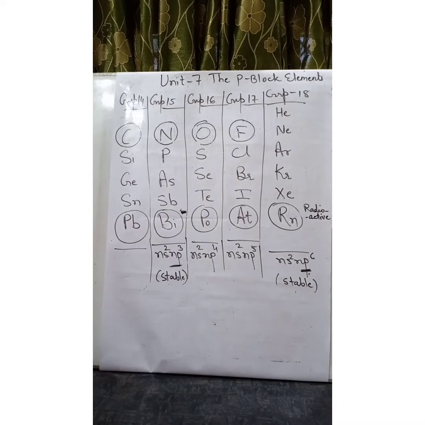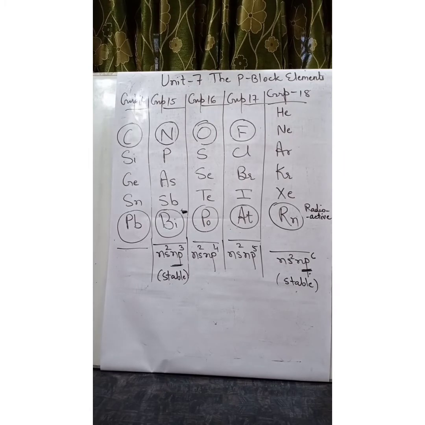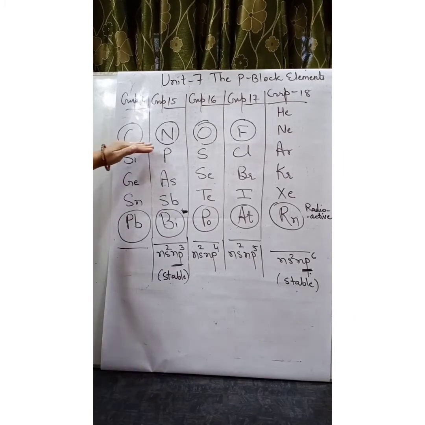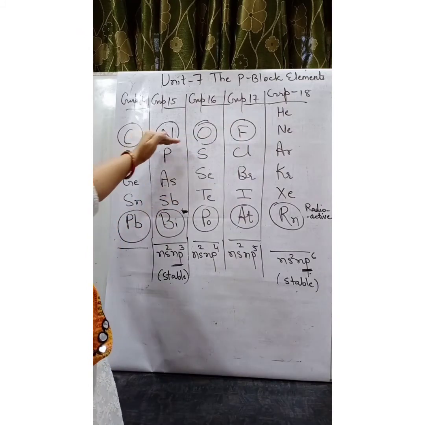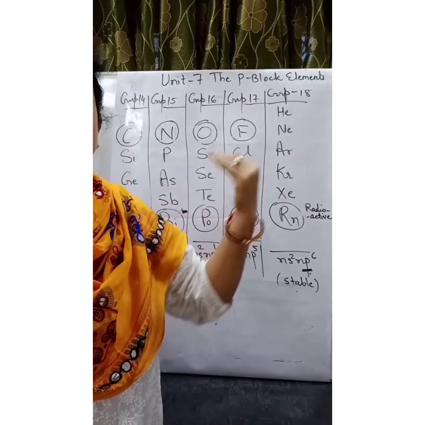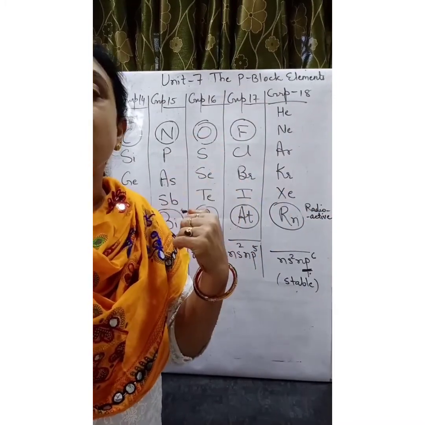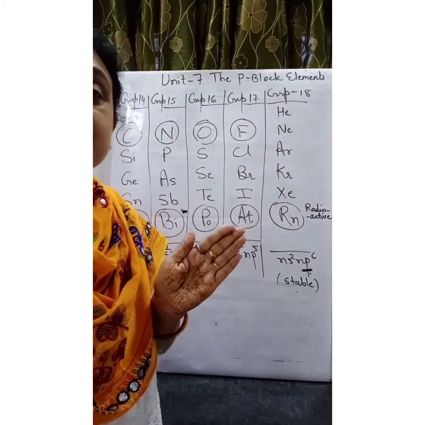Students, as we already know, as we move from left to right in a period, the atomic size decreases. As a result, the nucleus has a strong force of attraction for the outer electron, that is why there is contraction in size.